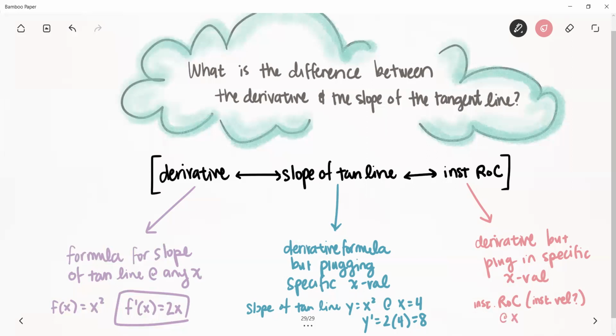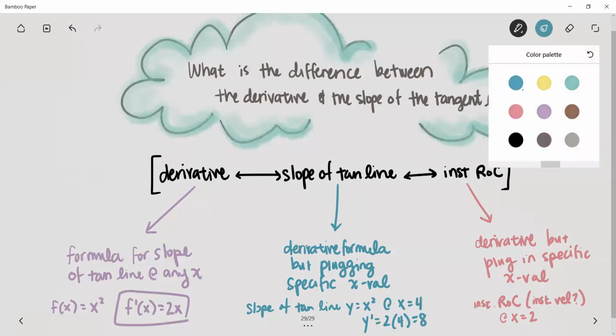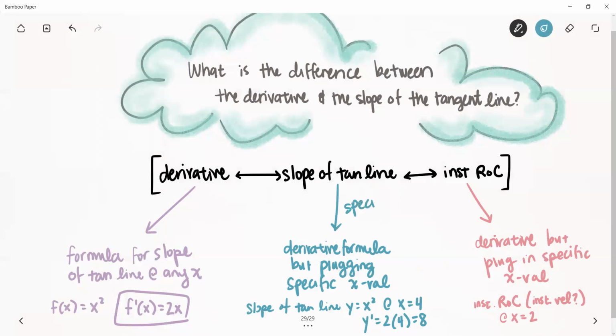So if they say like at x equals 2 for the same function, you would just take your derivative and plug in 2. And in this case, you would get 4 because the derivative is 2x, plug in 2, and 2 times 2 is 4. So these are specific, usually.